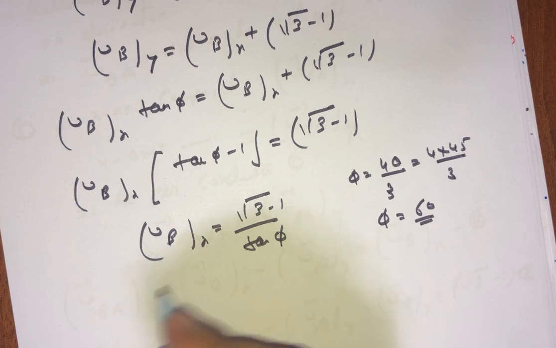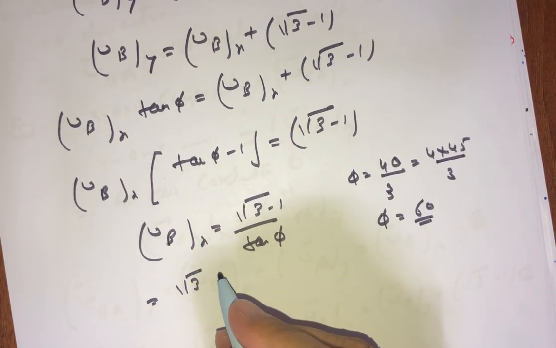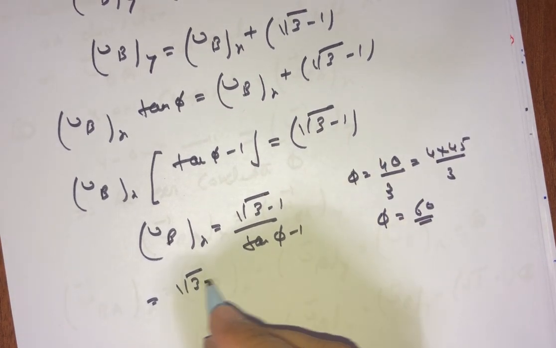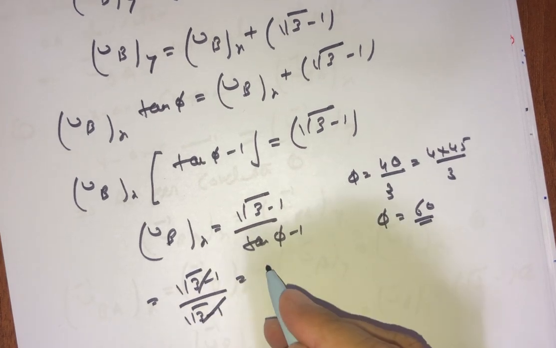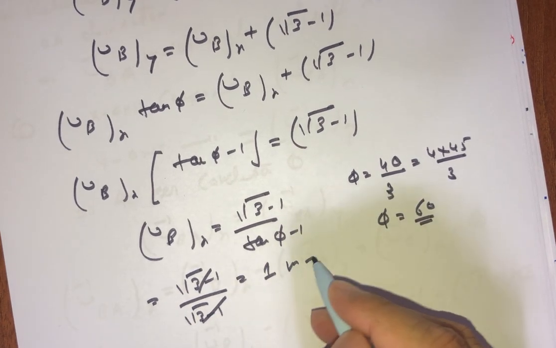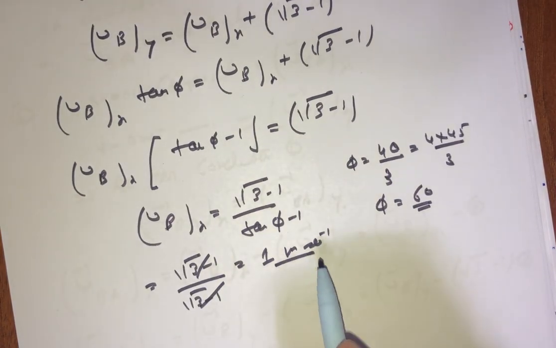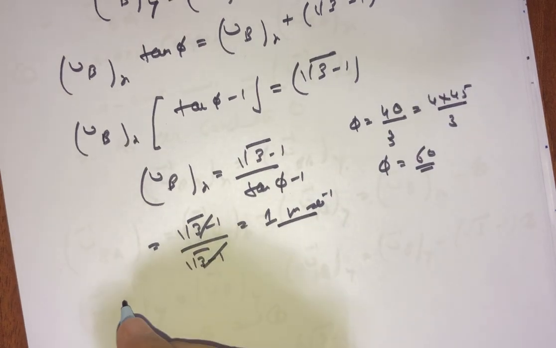We substitute here, we get root 3 minus 1 divided by (root 3 minus 1). So this cancels and this will be 1 meter per second. So VBx is 1 meter per second. And similarly, we can find VBy.